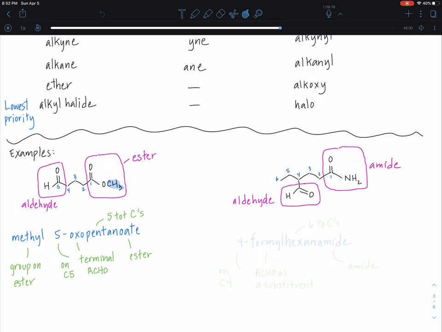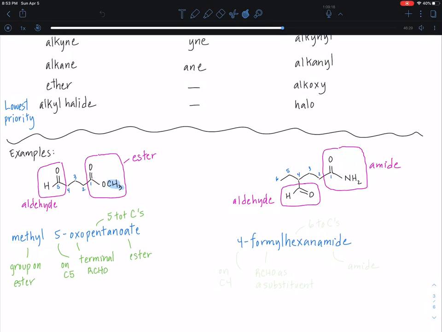So how do we start this out? Well, on the fourth carbon, we have a formyl group. And we have 6 carbons total. Was a hexane, drop the E and add the word amide, however it's easier to say. 4-formylhexanamide.